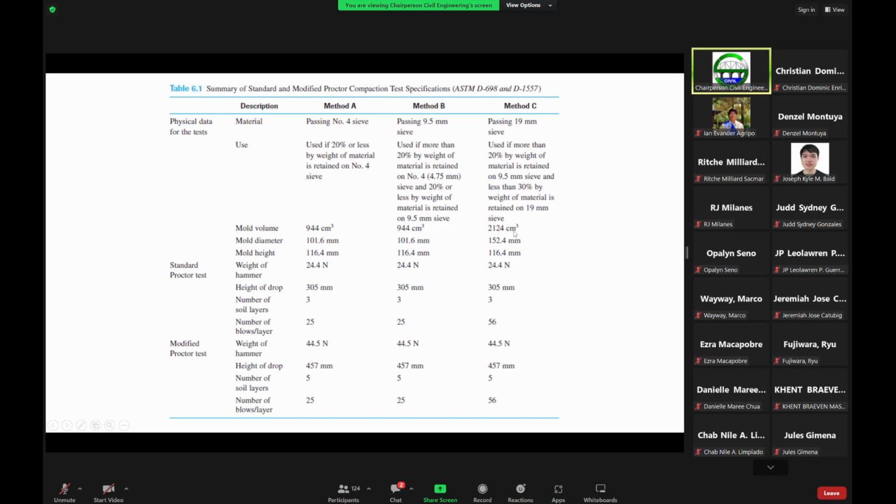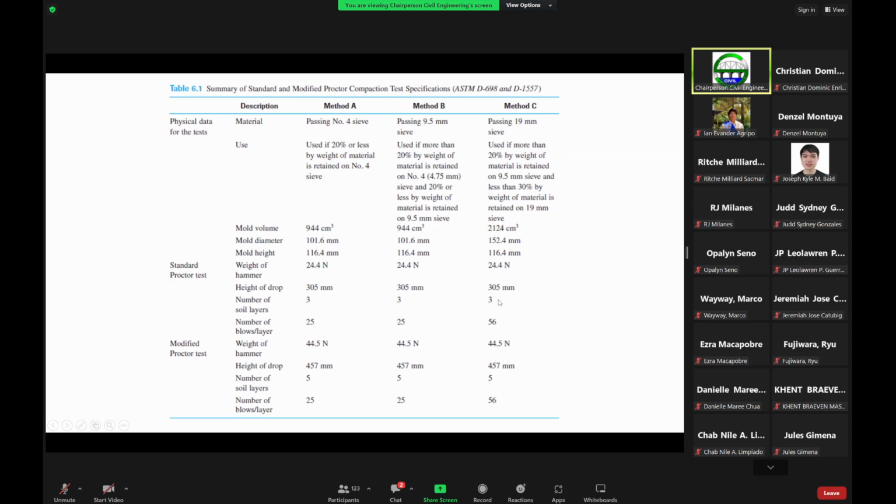So with that, method C will also have a larger volume as compared to methods A and B. Now for the weight of the hammer, in the case of the standard Proctor test, it's just the same for all methods. This is for ASTM D698, this part here. The drop height for the standard Proctor test is just the same. The number of soil layers is just the same.